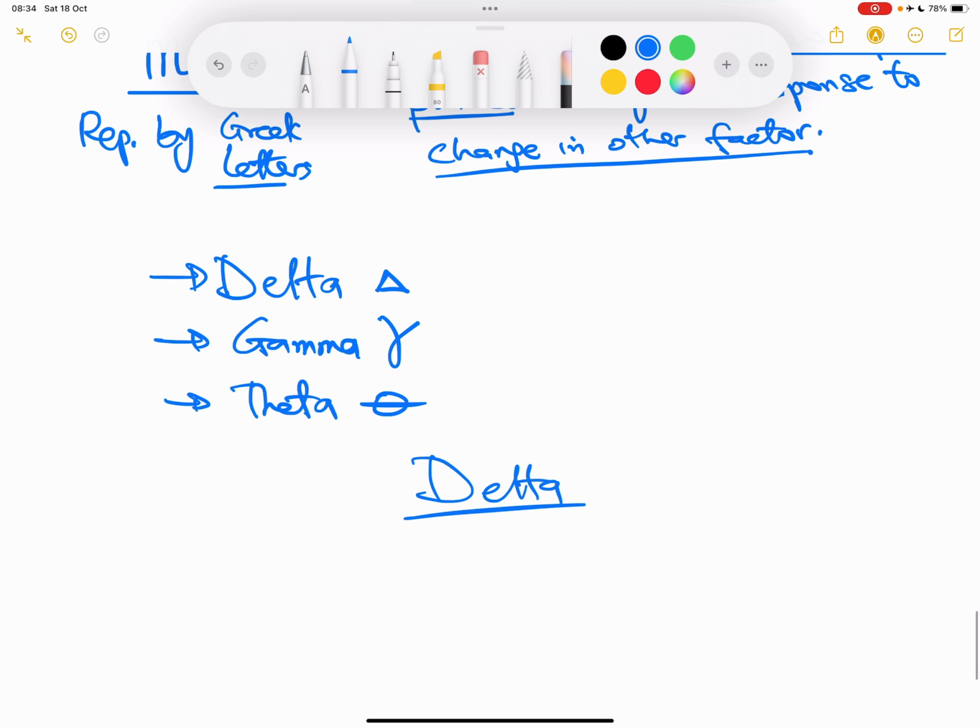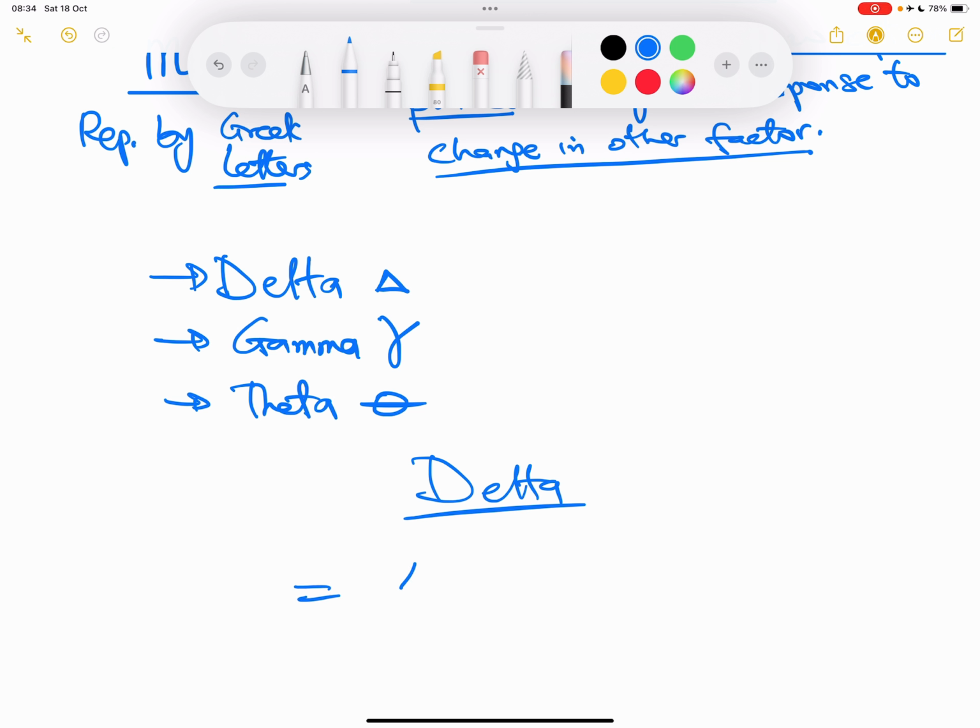What we always know is that delta is a change, gamma is also a change, theta is also a change, interestingly, but the type of change is different. Delta just measures how much the option is changing when the price of the underlying is changing. So delta is just the change in option value relative to change in underlying price.